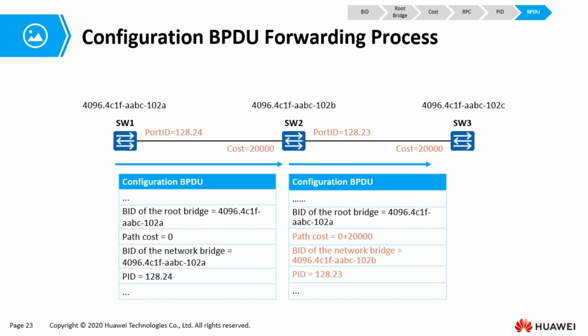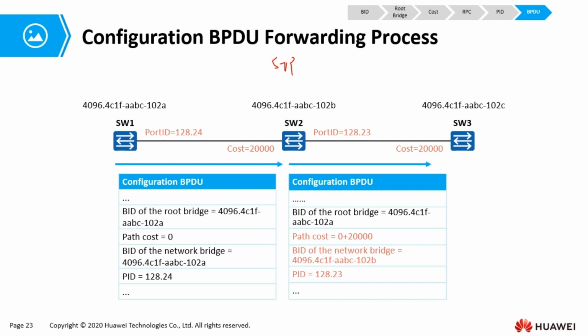But before we calculate, let's see what happens when the switches enable STP, and how each switch exchanges its configuration BPDUs. When the switches enable STP and start, they consider themselves the root bridge, and at the same time they send configuration BPDUs to each other.